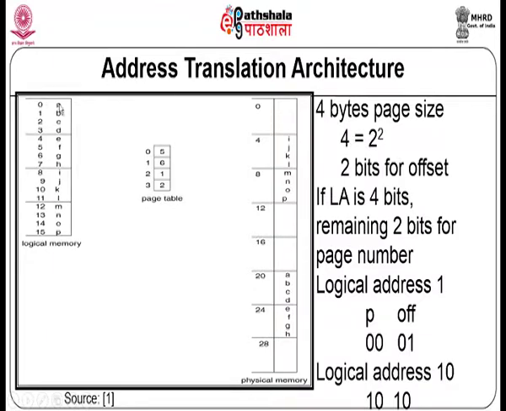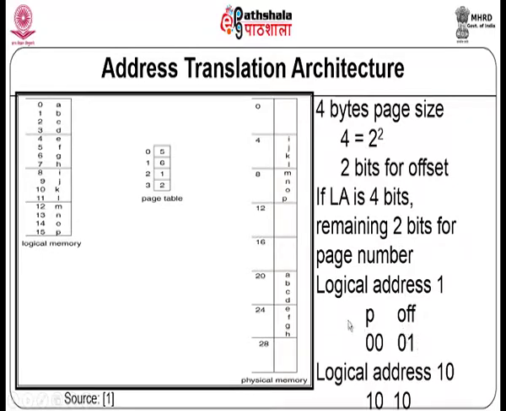Just with 2 bits, you can address one of these 4 locations within a single page, and these 2 bits will go as the offset in the logical address. Suppose the logical address is a 4-bit address: the 2 bits will go for the offset and the remaining 2 bits will go as the page number.